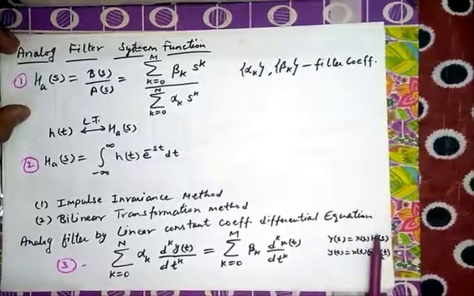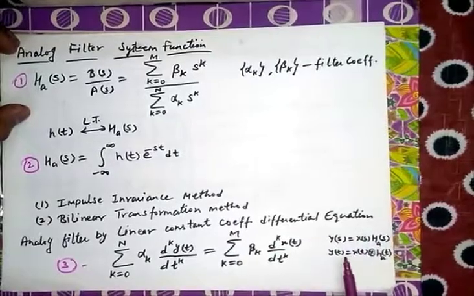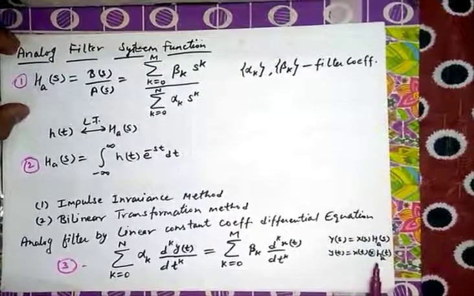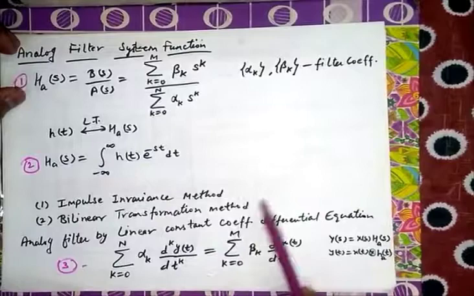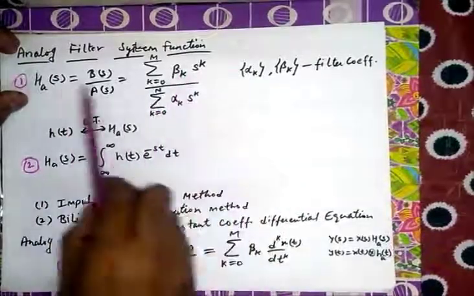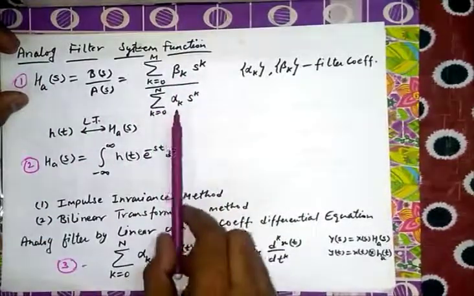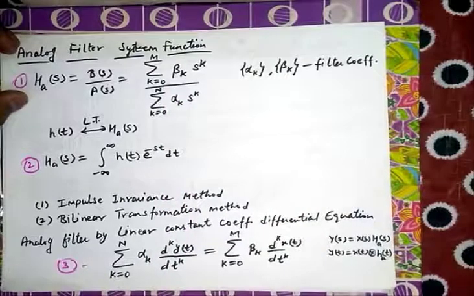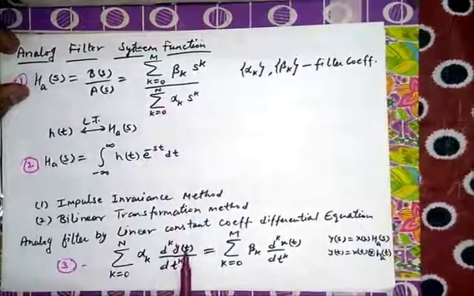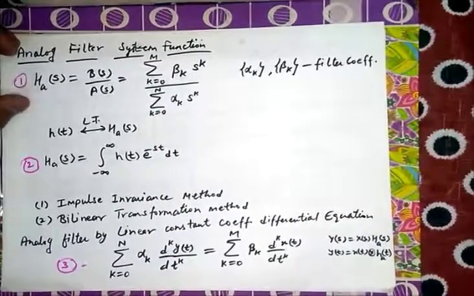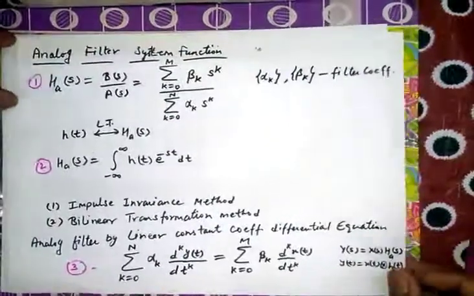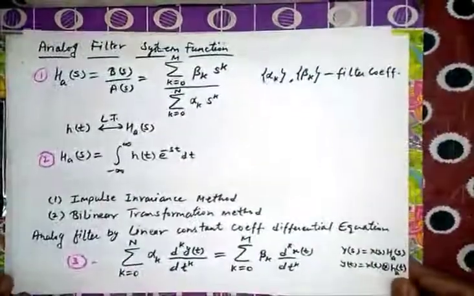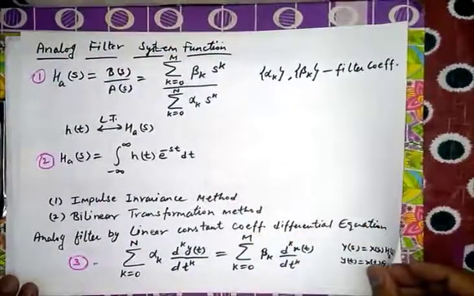We know that in the Laplace domain it is direct multiplication and in the time domain it is convolution. So if we cross multiply this part and do the inverse Laplace, we have this equation. This is not to be studied in detail, because our topic today is the impulse invariance method.